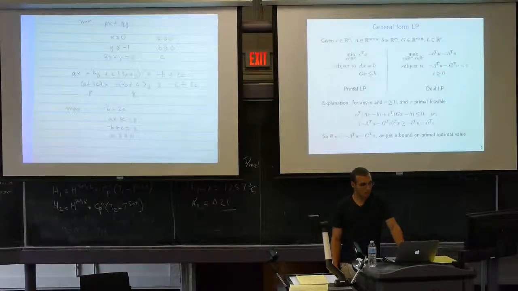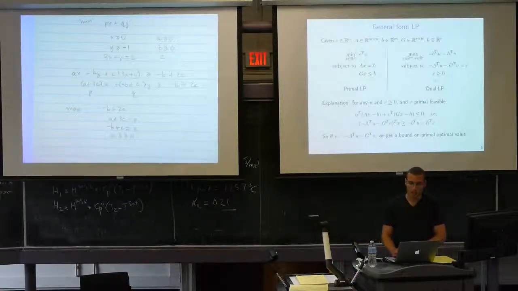And I claim this is the dual LP right here. Maximize over a new set of variables, u and v, minus b transpose u minus h transpose v, subject to this equality constraint, minus A transpose u minus G transpose v equals c, and just a non-negative constraint on v, no constraints on u. So this is also an LP in the most general form.